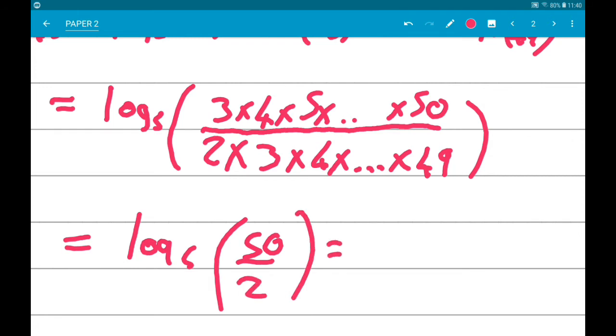So that's a log base 5 of 25. Which is asking what power do we set 5 to get 25, which is indeed 2.